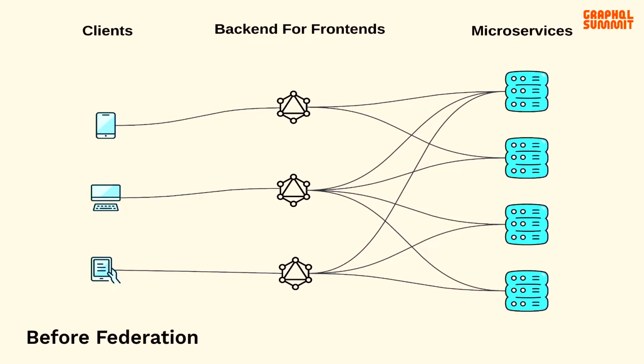So at Teya, we had front-end teams that were basically starting off with GraphQL. This was a couple of years ago. And as you can see, this was before federation, and we had multiple backend for frontends.